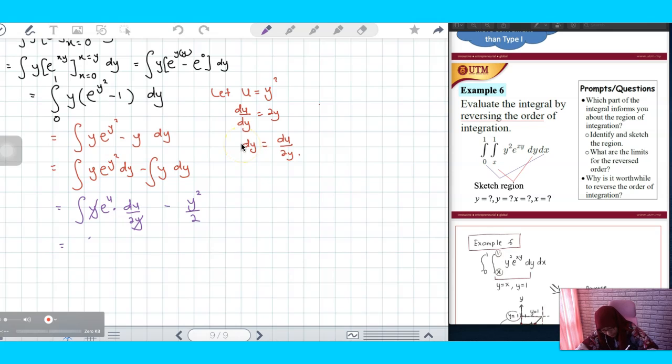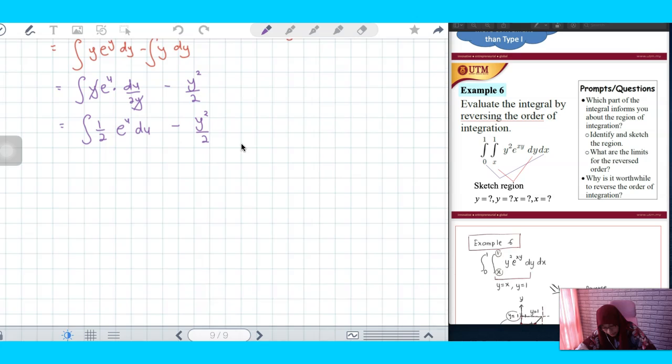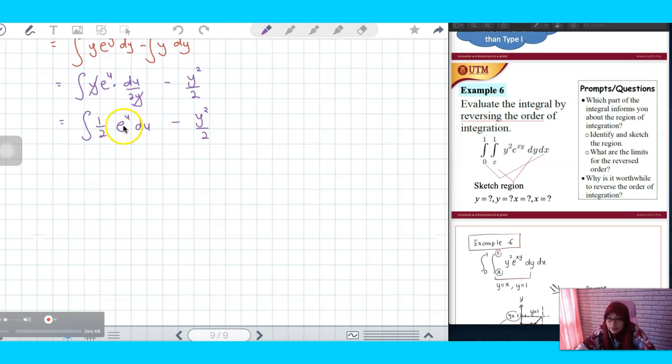So we only have the integration of half of e^u du, minus y squared over 2. Everything for the first term is already simplified to be only in terms of u, not y. So now we can proceed to do the integration.